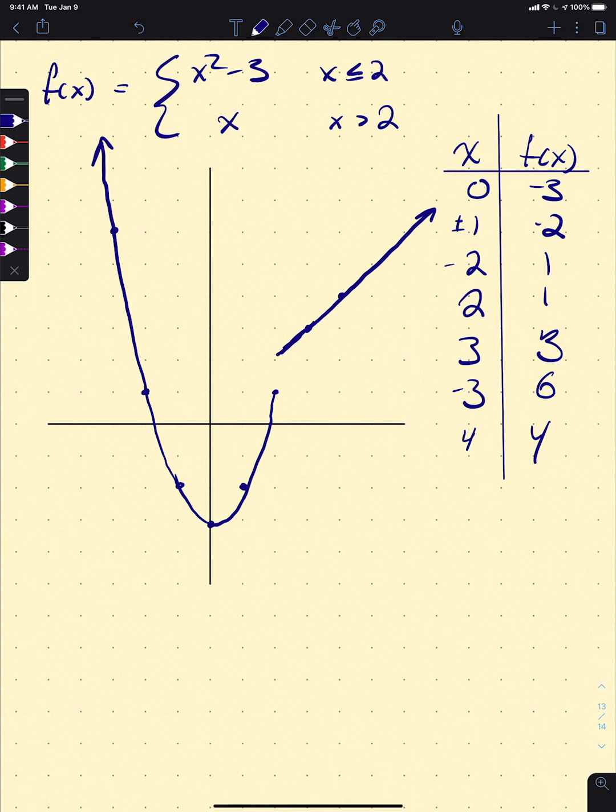But when we're at 2, we're not on that line. And the way that we denote that is we just put a little circle right here, to say that all the way up to that point, we're kind of heading toward it. But at that point, we're not there.